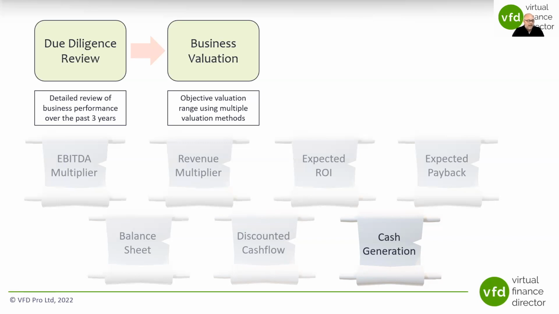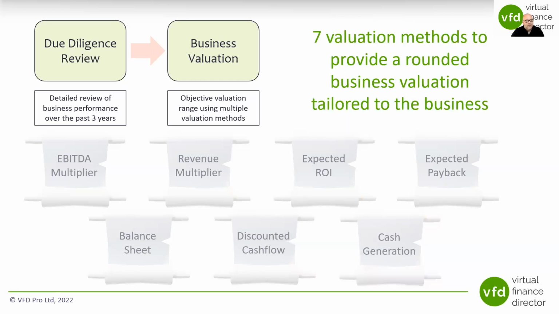If I'm willing to take payment over 5 years, the business can generate 5 years' worth of cash to pay me. Whereas if I want the money now, cash up front, I might not get as high a figure. There's risk associated with that as well, but that's another element we look at.